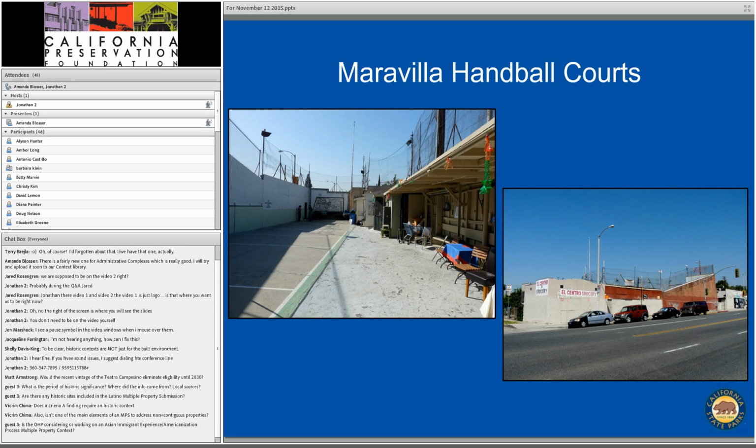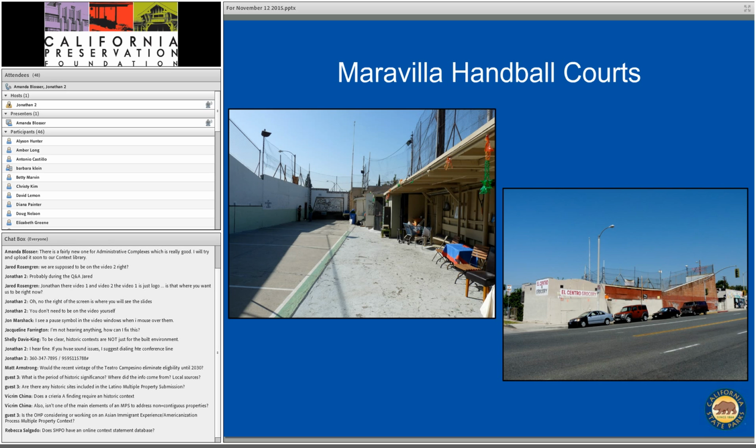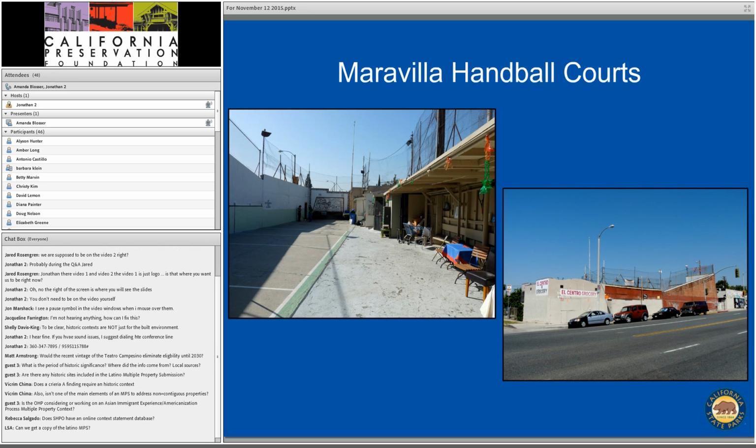So absolutely yes, criterion A nominations require everything requires a historical context. The National Register will not list a property unless you demonstrate that it's significant within a historical context. And again, to be redundant, that's what the multiple property submission does. It writes that up front in a large document so that you, as the applicant, don't have to do so much contextual research and writing.